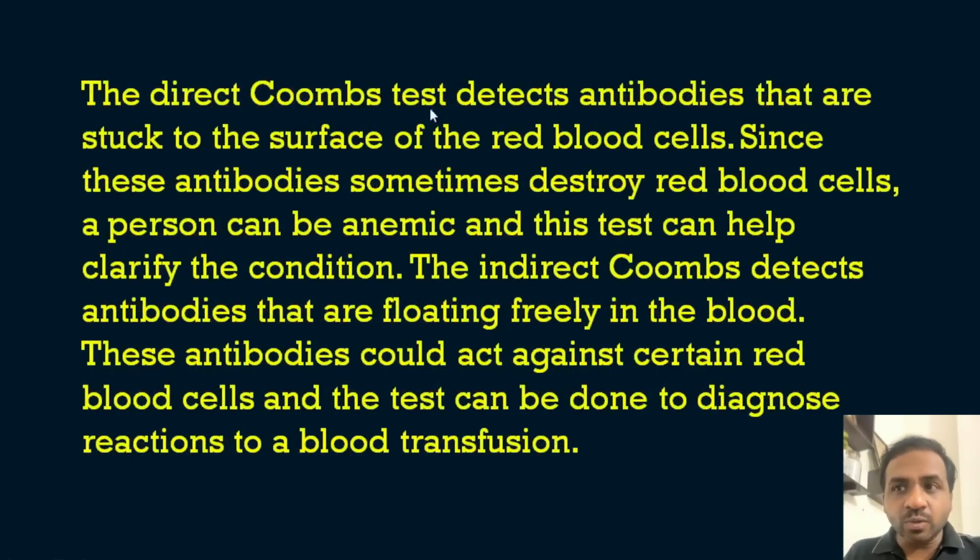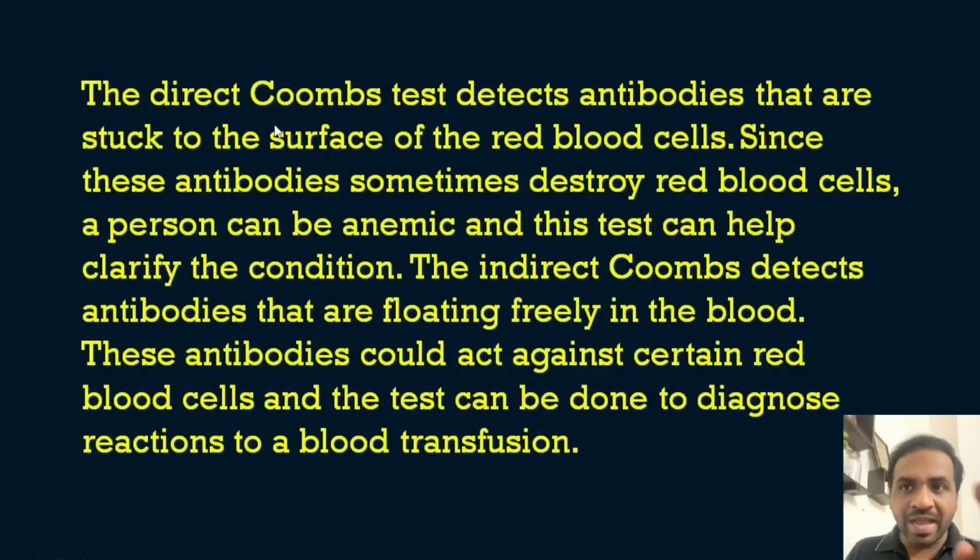Some more information regarding this test. The direct Coombs test detects the antibodies that are stuck to the surface of the red blood cells. Since these antibodies sometimes destroy the red blood cells, a person can be anemic, and this test can help clarify the condition. The indirect Coombs test detects antibodies that are floating freely in the blood.